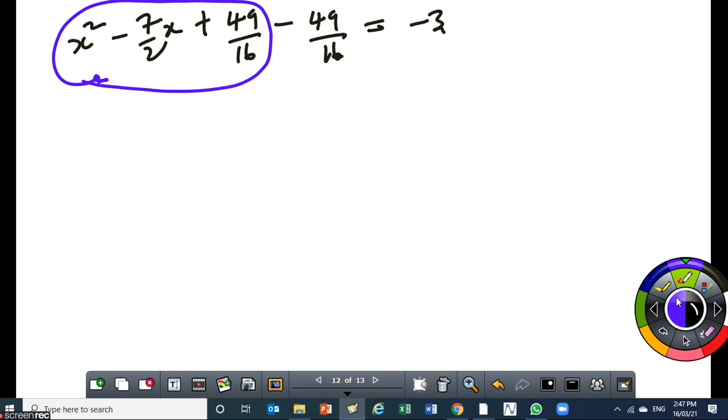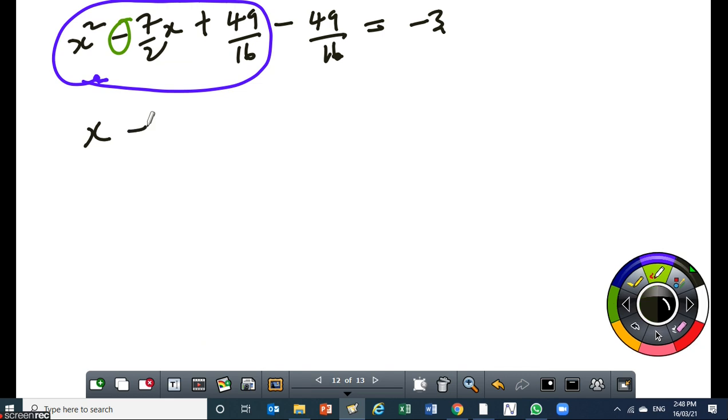Always, you are going to have x, since there is a minus here, let me use a different color. Because of this minus here, it means my two binomial factors are going to have a minus between them. So this will be x minus what? Half of the coefficient of 7 over 2, which is 7 over 4. So I can put 7 over 4 there.